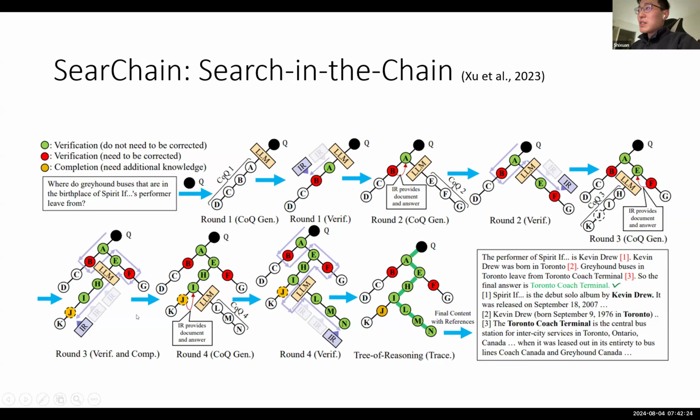As you can see in the diagram here, for the first round, this algorithm asks the large language model to generate one such CoQ. After that, you will have an information retriever to process along this chain until it has some problems. The problems could be anything, such as it couldn't search anything, or maybe some further detection by the large language models is still required.